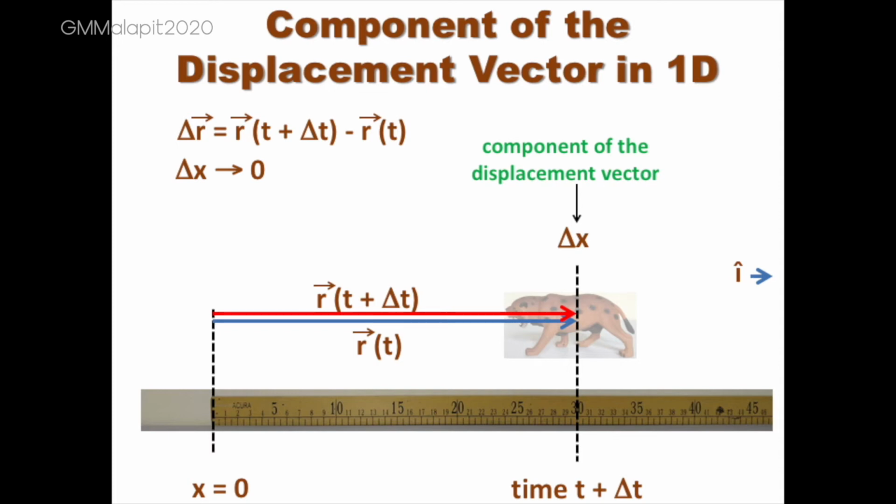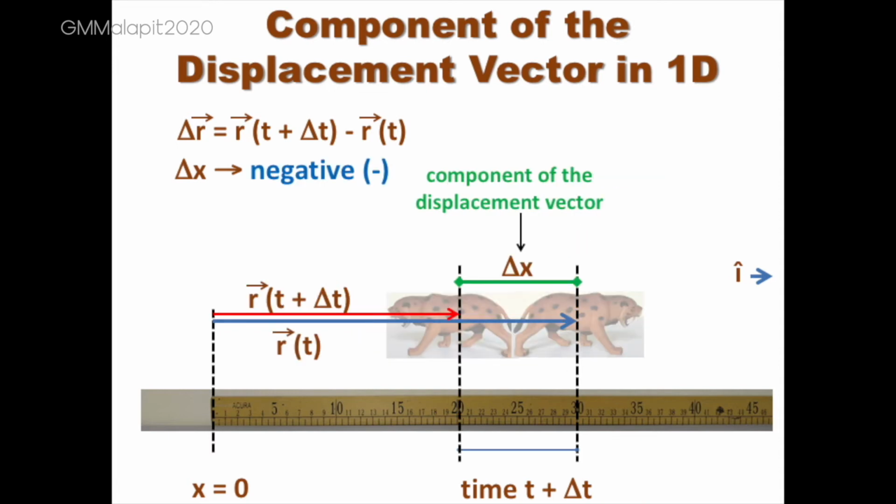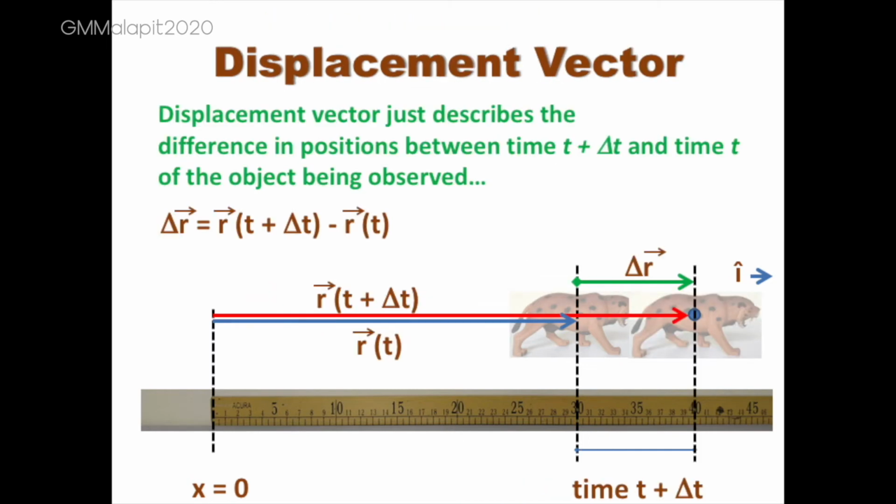And finally, the component of the displacement vector is negative if the object moved to the left from its original position, as shown in the figure. Thus, the displacement vector just describes the difference in positions between time t plus delta t and time t of the object being observed.